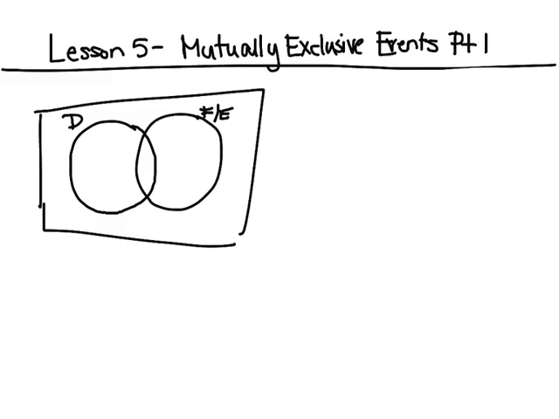We already know that there's 9 ways to make 5s and 8s, and there's 6 ways to make doubles. Except we also know that there's one way that we can get doubles and get a sum of 8, and that was, of course, 4 plus 4.